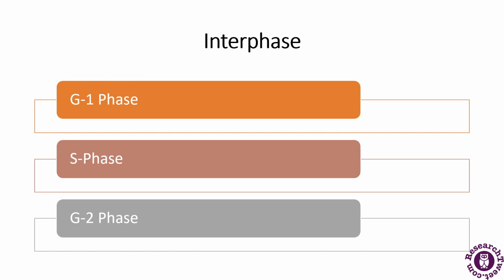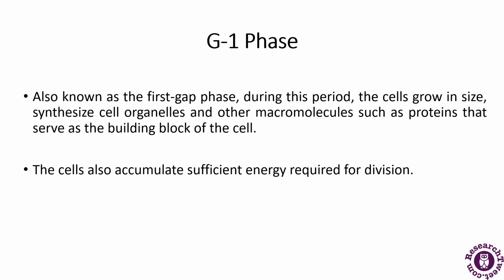Now the G1 phase. As I was telling you, interphase has been divided into three subphases, that is the G1 phase, the S phase, and the G2 phase. Now what are these phases? G1 phase is known as the gap 1 phase. What is happening in this period is the cell grows in size and synthesizes cell organelles and other macromolecules such as proteins that serve as the building blocks of the cell.